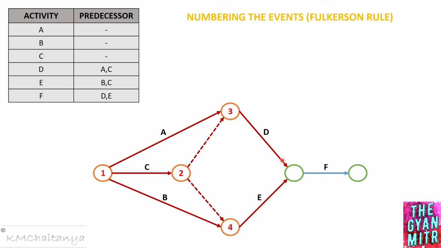Now if you look at this event, both the activities have been traced. I'll be numbering it as event number 5. So from event 5 we have one last activity. Once it has been traced, this would be numbered. This would be the final AOA network diagram, and also it has an application for the logical purpose of using a dummy activity.